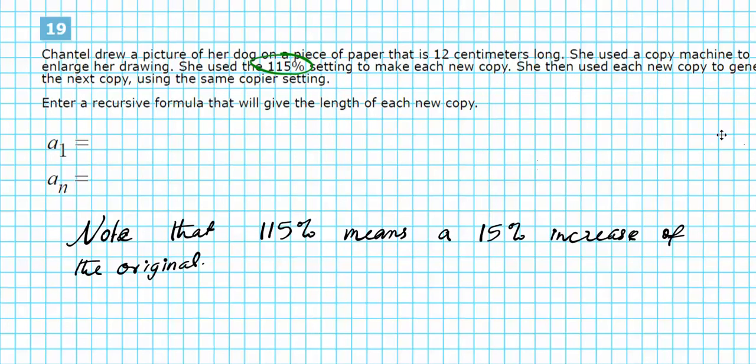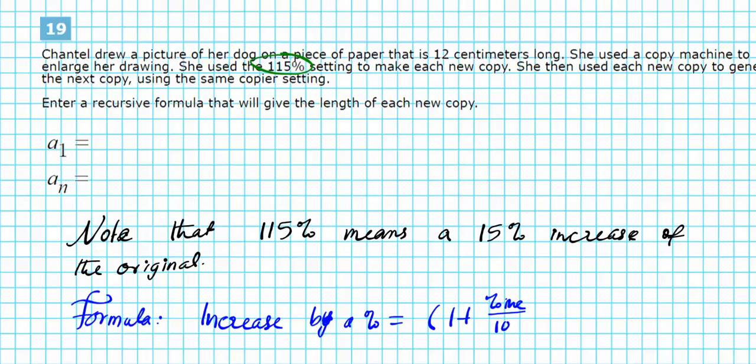All right, so how can we generate our sequence? Well, we're going to start by writing down the formula for percent increase. If you want to increase a certain measure by a certain percentage value, all you do is multiply 1 plus the percent increase over 100, which can be expressed in decimal form, by the original amount or measure.